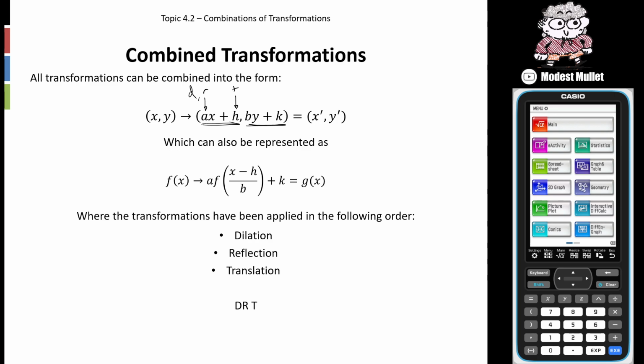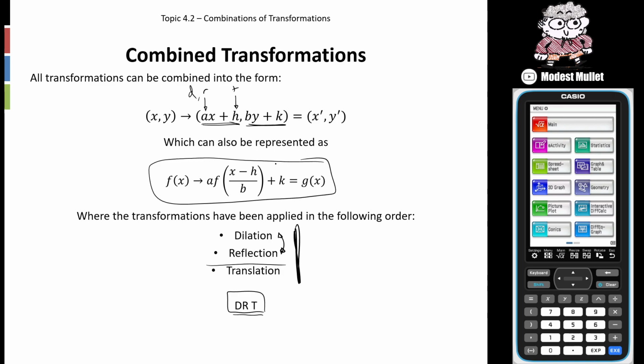So we can apply all of those to either point or all together. Out of that, this is where it gets a little bit tricky trying to use inspection or the function form of transformations. If they've been applied in this order here, where dilation or reflection, these two can sort of go together, but then translation afterwards, so this is like a mnemonic to remember, D R T. If they've been applied dilation, reflection, then translation, it can be represented in this form.